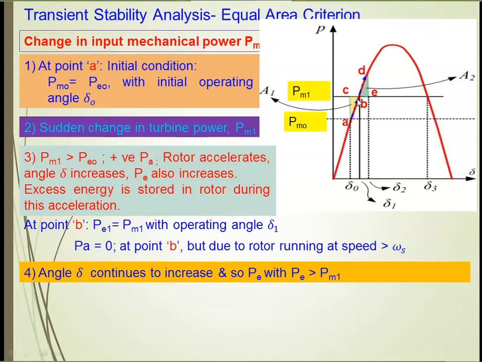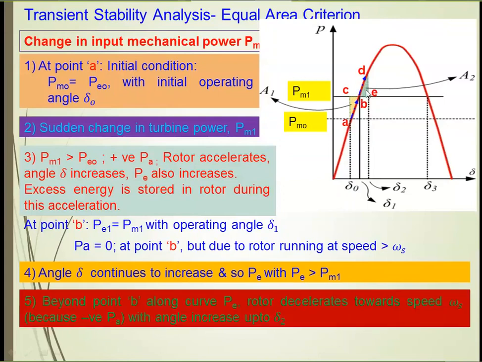PE becomes greater than PM1, so beyond point B, the rotor speed will fall back towards omega s.